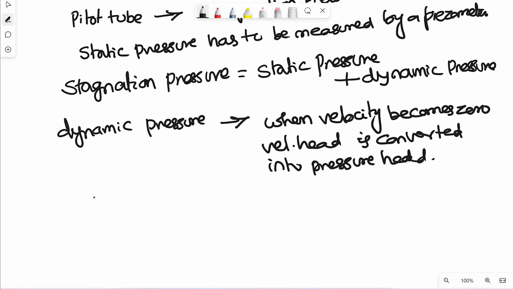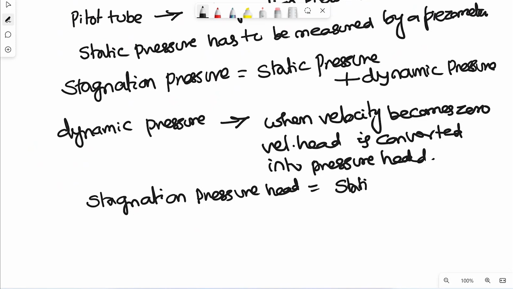So therefore remember, stagnation pressure head is equal to static pressure head plus V squared by 2g. This point we should remember, and that's exactly what we have used in this principle.